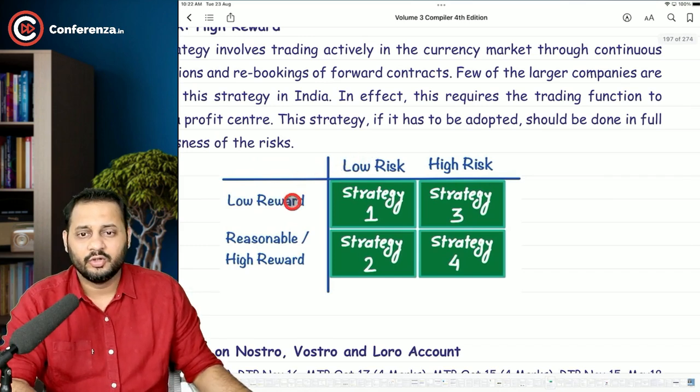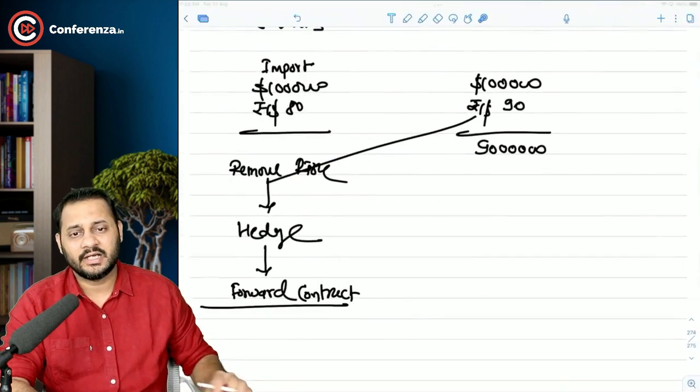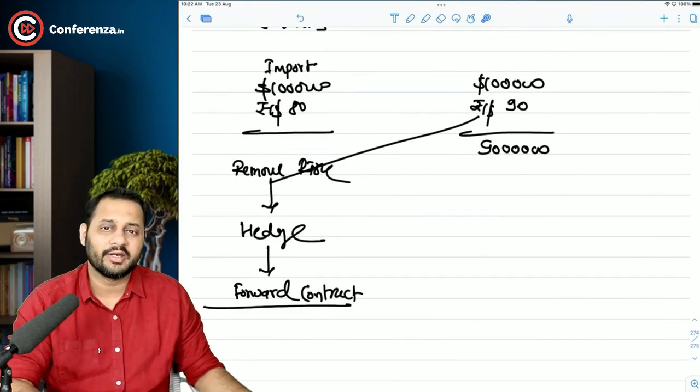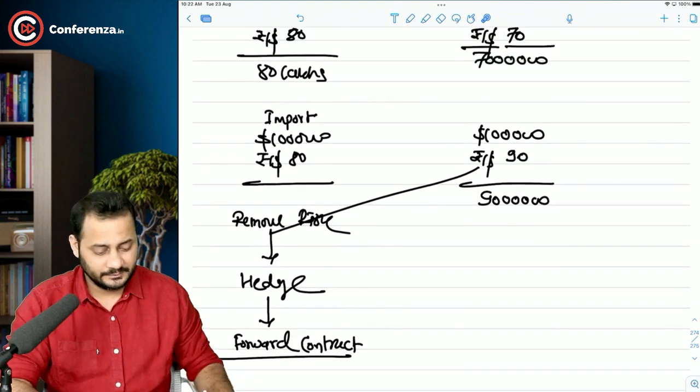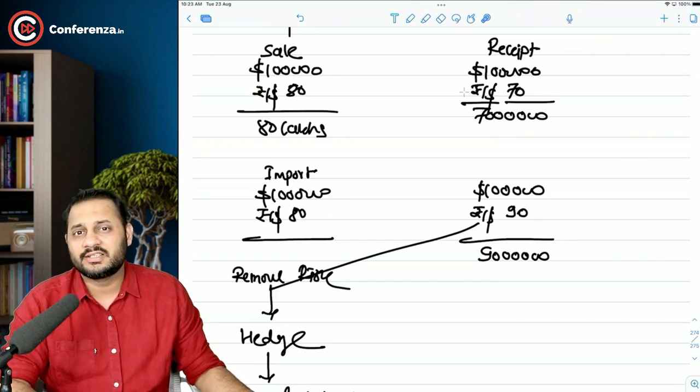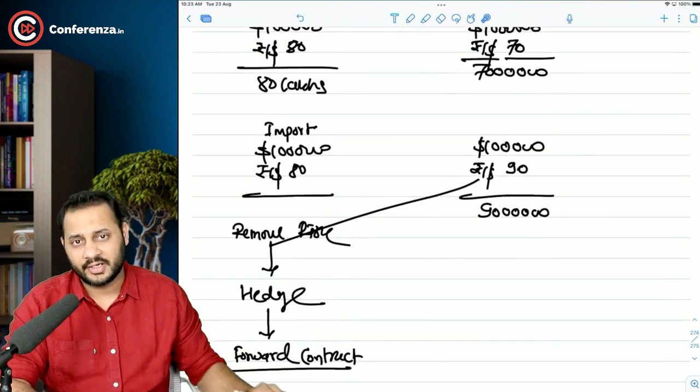Whenever you do some import or export, there arises the foreign currency risk that after 6 months you will be settling those foreign currencies at some rate which is not in your favor. So that risk is avoided by entering into a forward contract.